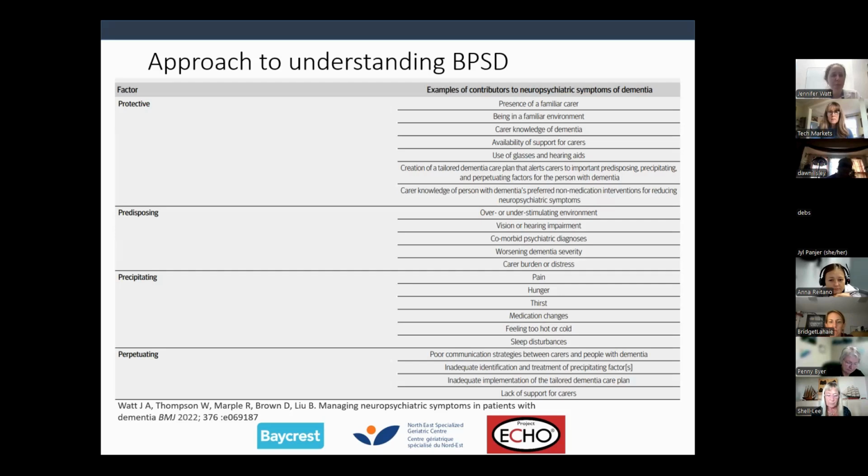And actually, this is an approach that I use for all of my geriatric syndrome assessments, whether it be somebody's had a fall or I'm seeing somebody for delirium or functional decline. I always think about things this way. I think about, what are the protective factors that might help them to have less BPSD than somebody else?